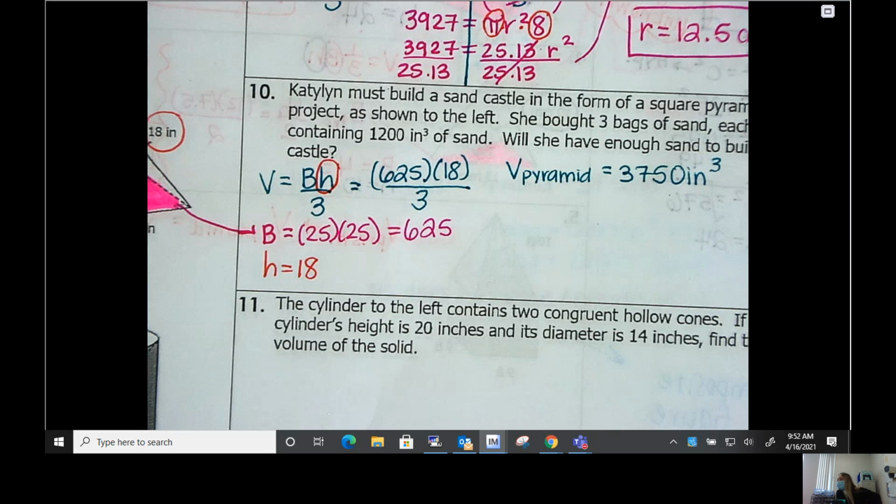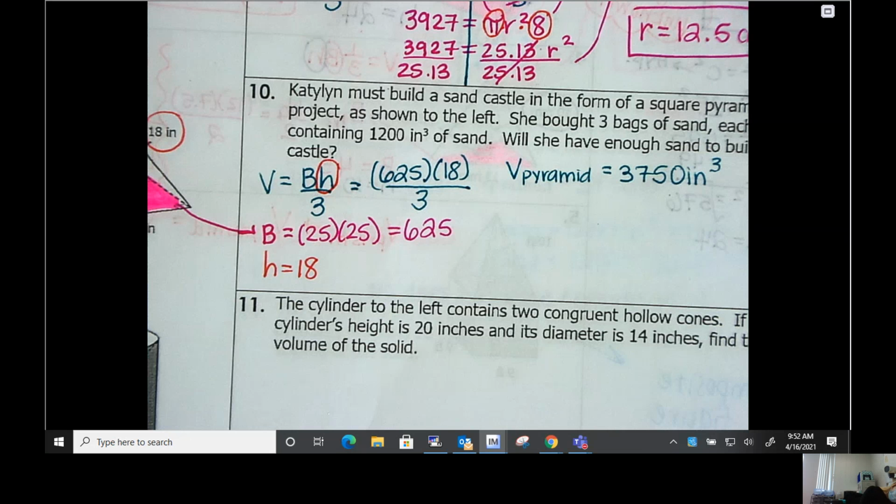How much does she need? 3,750. This is how much she needs. This is how much she has. So, does she have enough sand to make her pyramid for her project? No, she does not have enough sand.